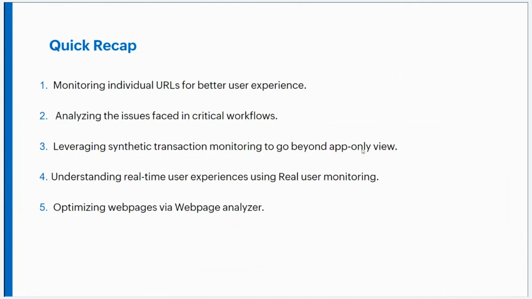And then we saw real user monitoring, which can help you understand real-time user experiences. And then finally, we saw the web page analyzer, which helps you understand what you can do to optimize and improve your web page.